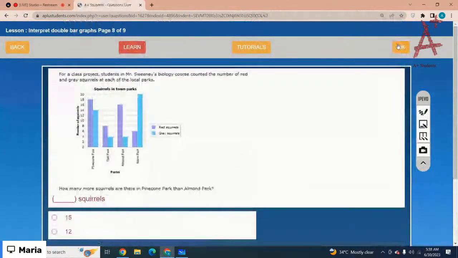Okay, the next one is for a class project. Students in Mr. Sivini's biology course counted the number of red and grey squirrels at each of the local parks. The purple one represents the red squirrels and the blue one represents grey. How many more squirrels are there in Pine Cone Park than Almond Park? In Pine Cone there are 18 and 14, and in Almond 16 and 4.